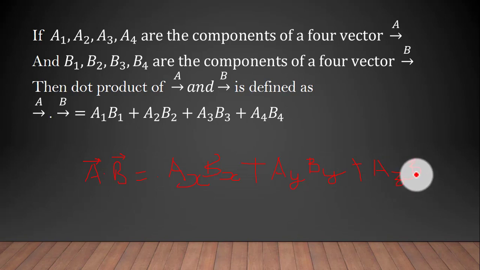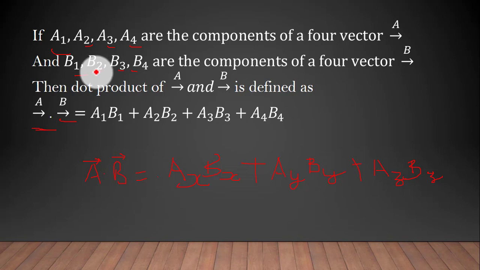In a similar manner, to define the dot product of 4 vectors, suppose A is a 4 vector and B is also a 4 vector. A has components A1, A2, A3 and A4, and B has components B1, B2, B3 and B4.